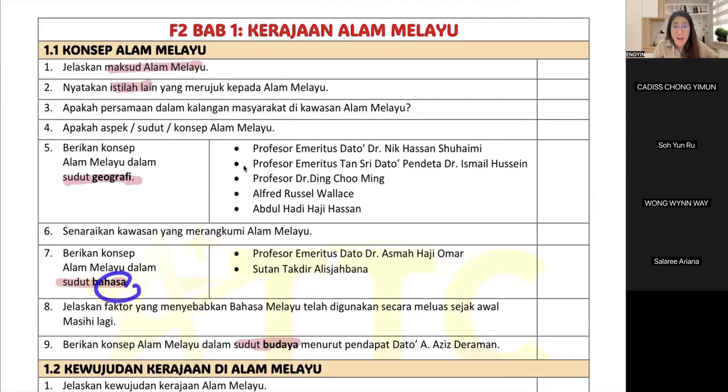Then for the bahasa, language, you guys know. What language do they speak? Bahasa Melayu. So the leader called Sultan Takdir Alisjahbana, he did mention why BM is so popular back then. Why was Bahasa Melayu digunakan secara meluas? Why did people back then use BM so often? He mentioned 3 answers.